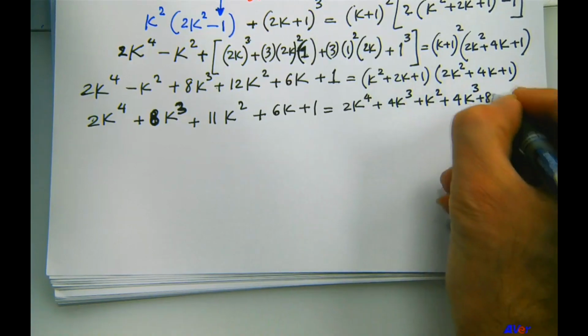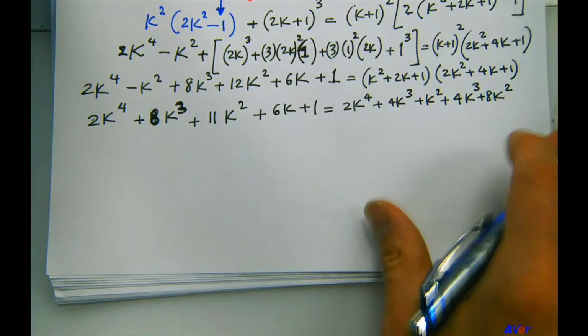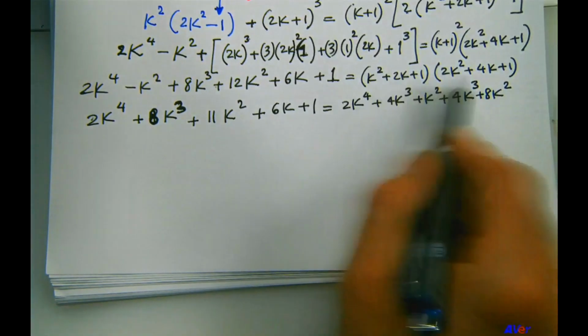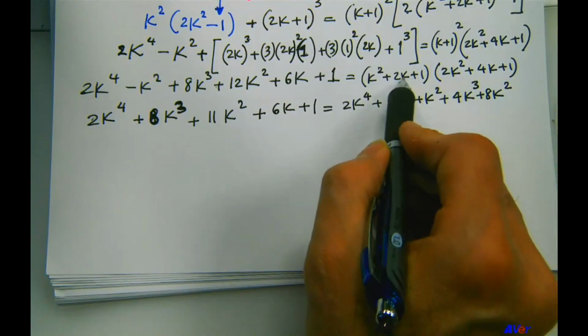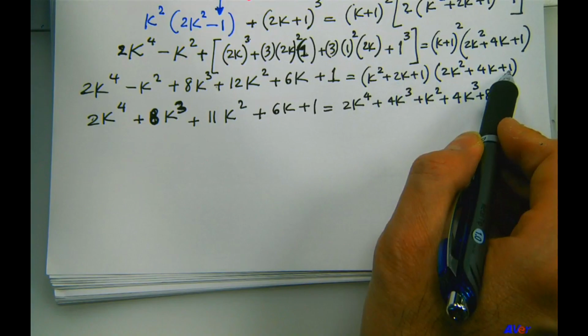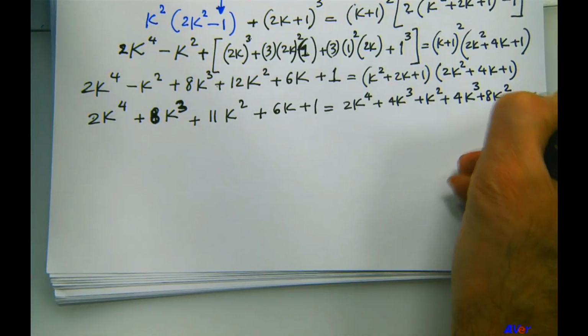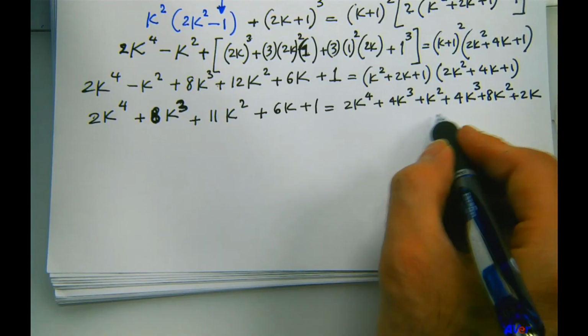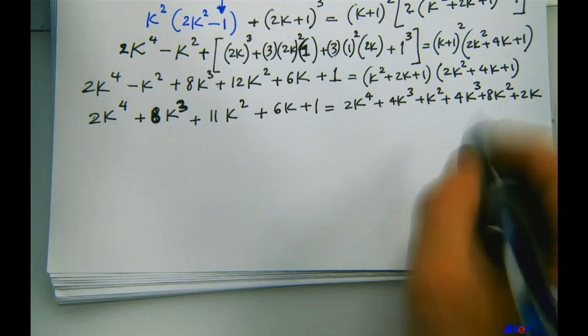So plus 8k squared. I'm definitely running out of room now. So after one more term, I'm going to come down here. Plus 2k times 1 is 2k, right? Plus 2k. So let me add here underneath it.